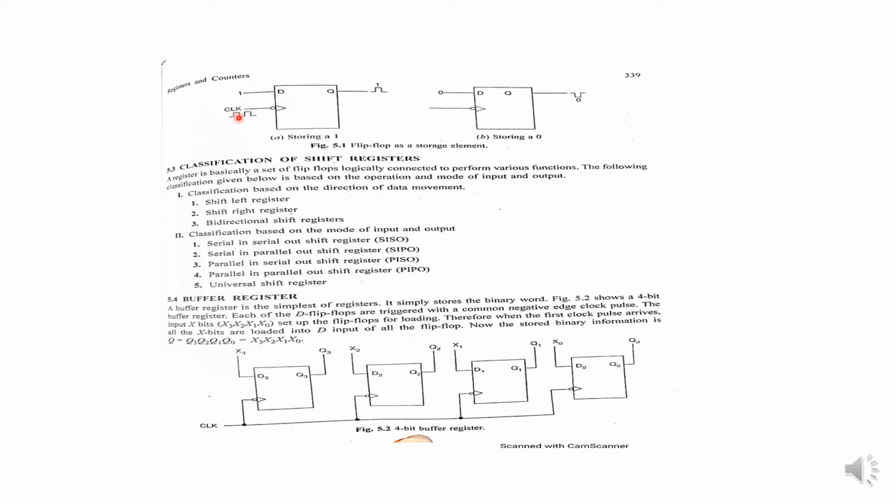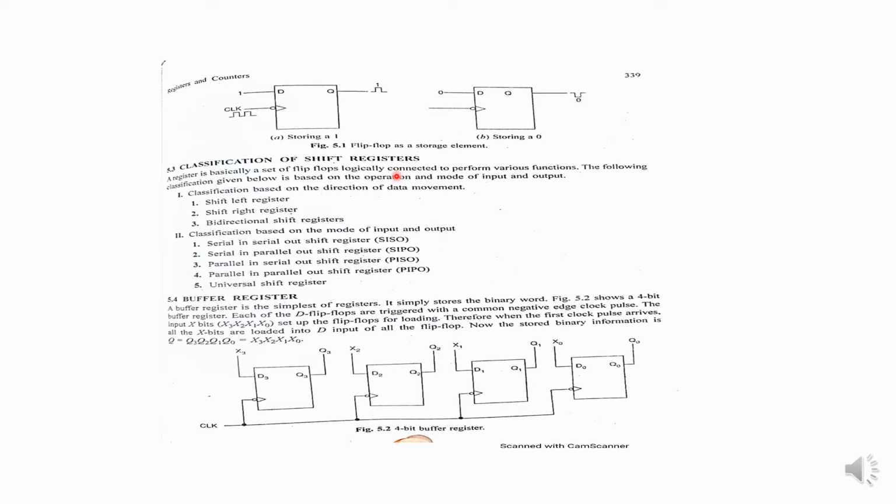If we remove the clock pulse, the data is still stored in it. The data will not vanish, right? It will wait for the next input to come. You understand this? So this is basically the concept of the flip-flop. We will give a negative edge triggered clock, and this is the 0. We have stored the 0, so this is the 0.